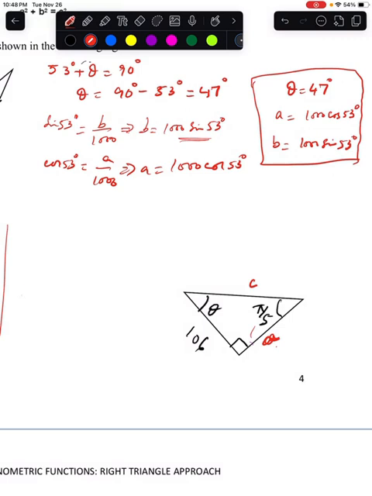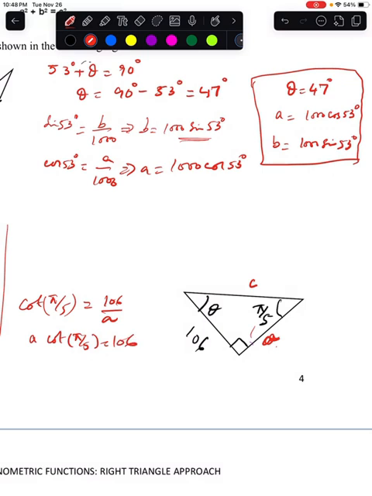Actually the cotangent is going to work better, because the cotangent of pi over 5 will be equal to 106 over A. If I cross multiply, A cotangent pi over 5 equals 106.